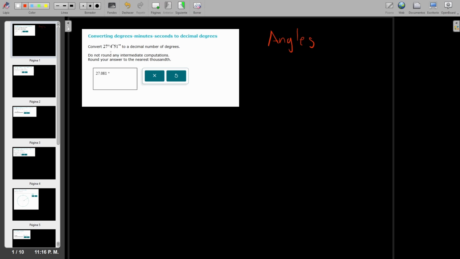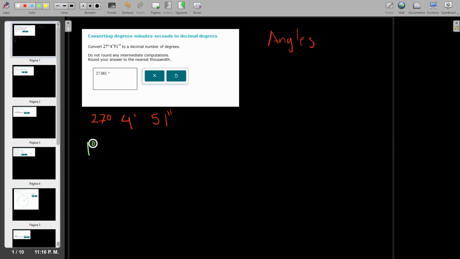In this case, they're giving us 27 degrees, 4 minutes, and 51 seconds. It's the same as if we were working with clocks with hours, minutes, and seconds.